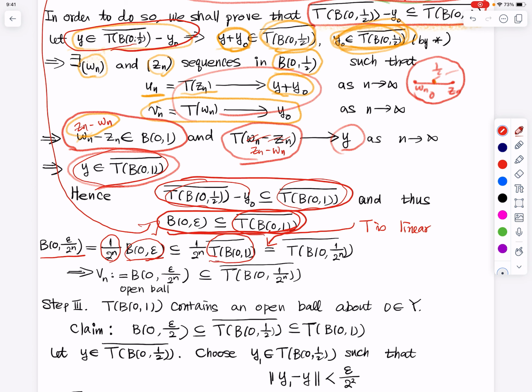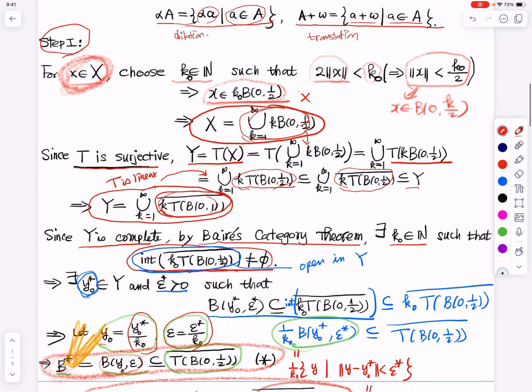Then T is linear, so you put 1 over 2 to the n inside. So finally, B(0, epsilon over 2 to the n) belongs to this set. This is what we proved in step 2, so step 2 is finished.